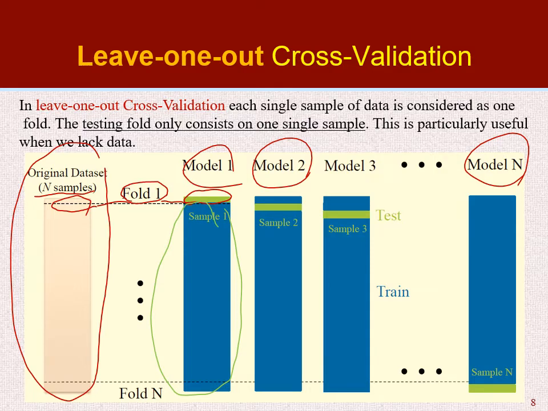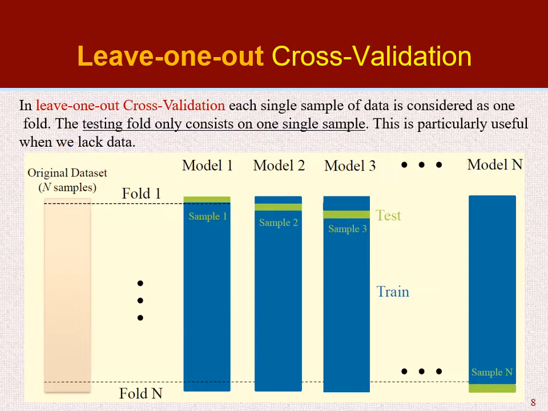For the next, this one is going to be for test. This is just one single data point, and the rest that are colored in blue are going to be used for training. Next, the third sample or data point is going to be used for test, and the rest is going to be used for training. And so on and so forth until we actually have picked all of the data points for test, as you see here.